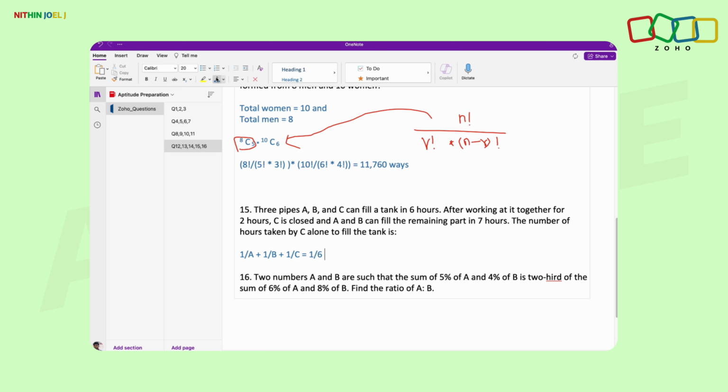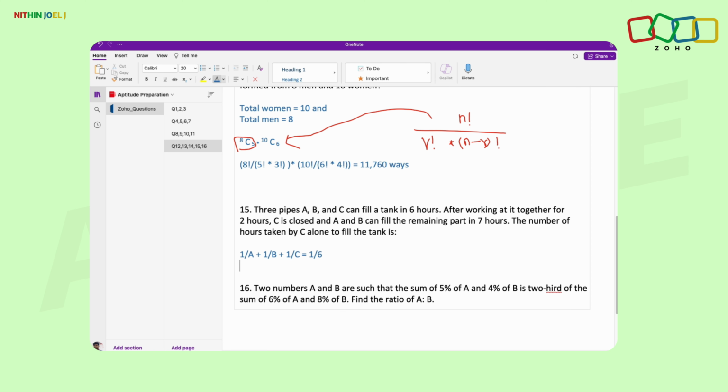The second statement says after working together for 2 hours, C is closed. So after 2 hours C has been closed and A and B can fill the remaining part in 7 hours.